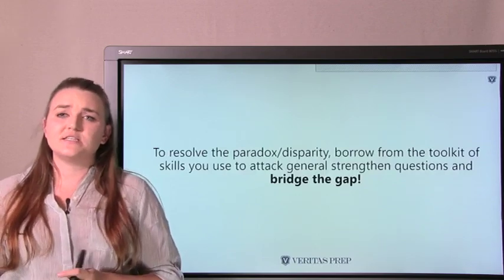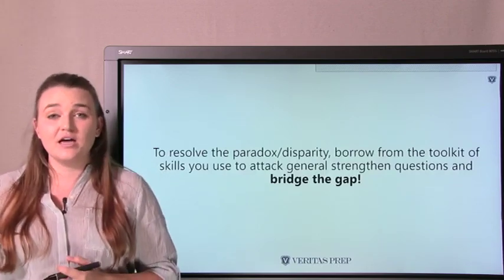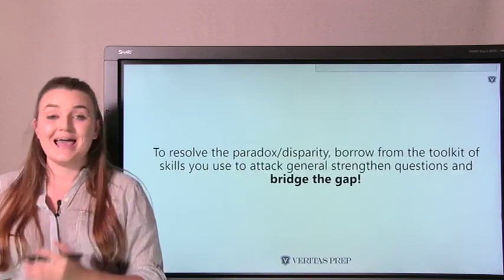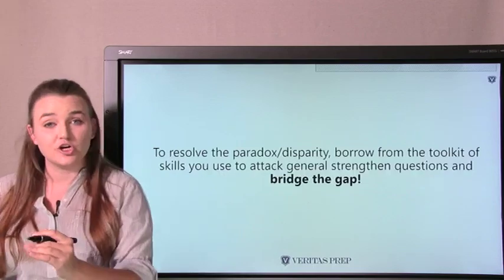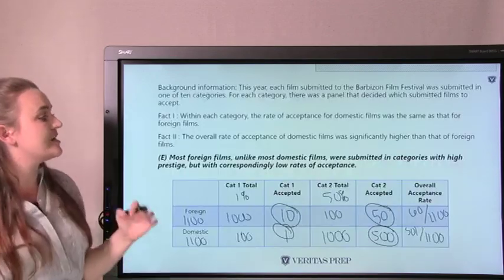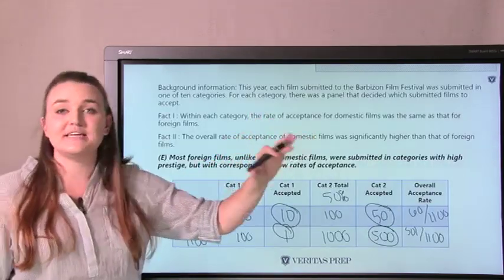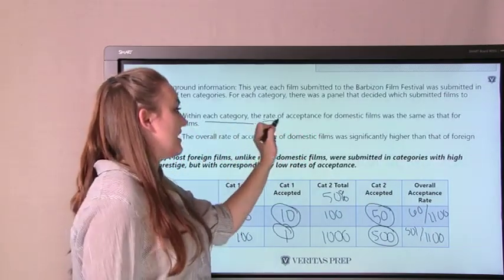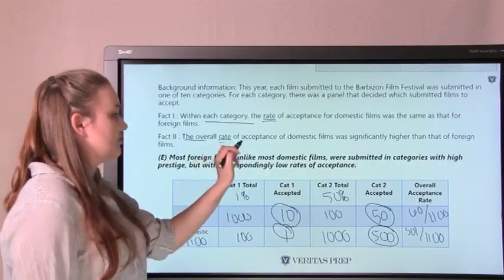So the rate of the submission caused the difference. Yeah, so the differing rates across categories and the differing dispersion across categories is the only thing that had the potential to give us a difference between the within-category rates and the overall rate.